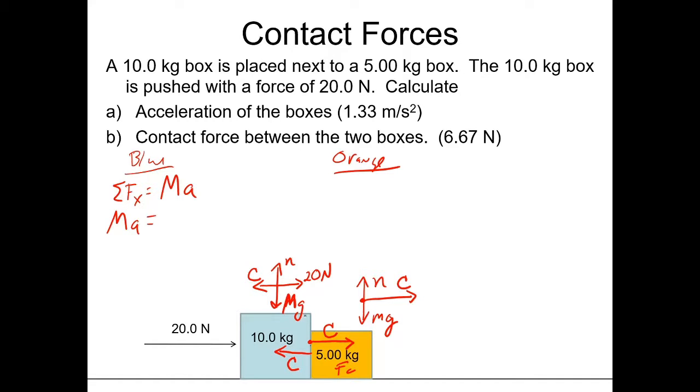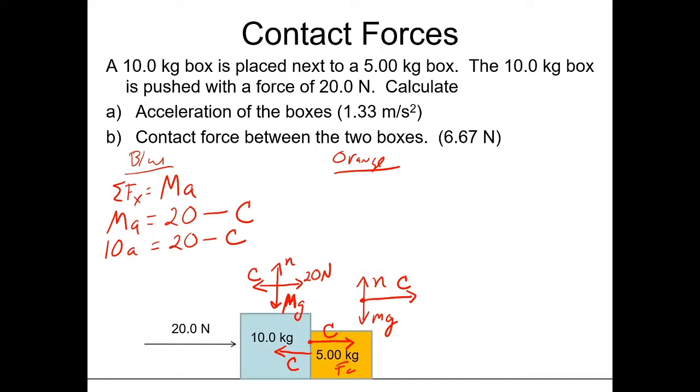So ma, if we look just at the blue box, 20 newtons is going in the positive x direction, and the contact force is resisting. Now I know the mass is 10, so I can put that in. And I'm not fussing around too much with the significant figures here. These problems are difficult enough without worrying about the significant figures for right now.